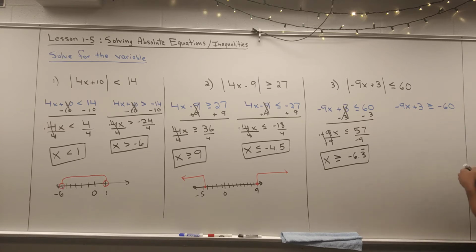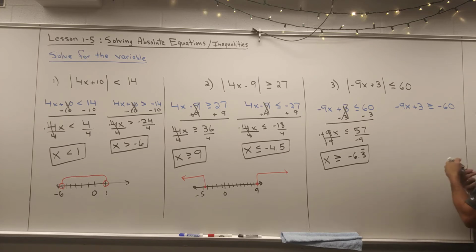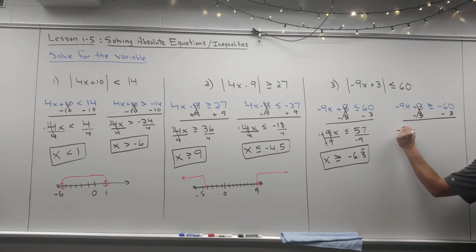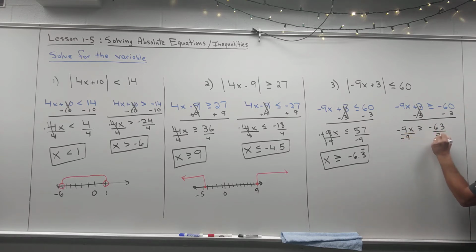Over here, same two steps, and still remembering when I divide by 9, switch that sign around. So it's going to be minus 3, which is negative 9x greater than or equal to negative 63. Divide both sides by negative 9. Negative 9 divided by negative 9 is 1x.